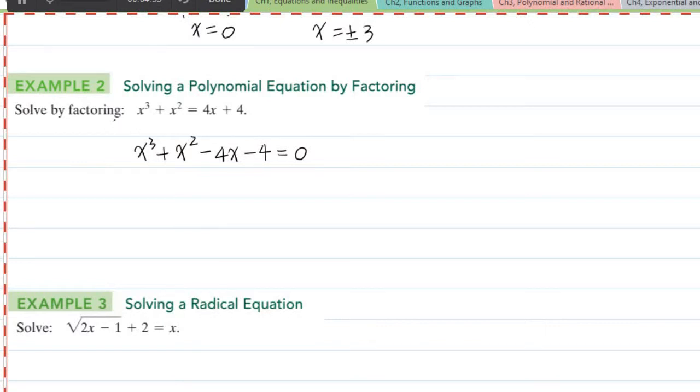So now we have x cubed plus x squared minus 4x minus 4 equals 0. What we can do next, if you remember, is factor by grouping.